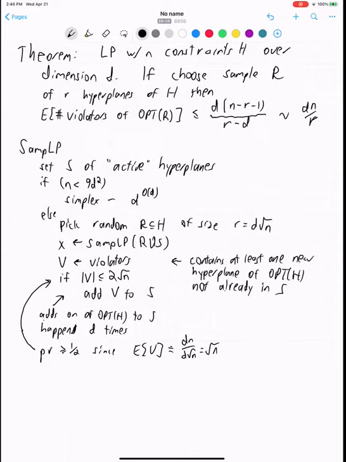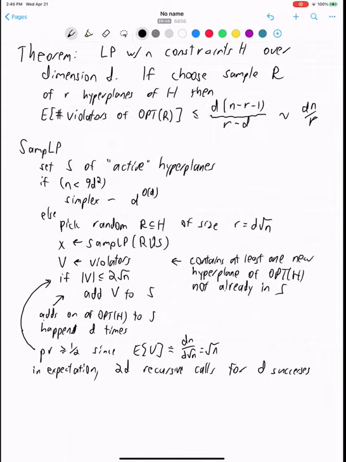And so we have a successful round where we add hyperplanes to S. And that means, since this happens with probability 1/2, in expectation, we're just going to do 2D recursive calls for the D successes that we're looking for, right?